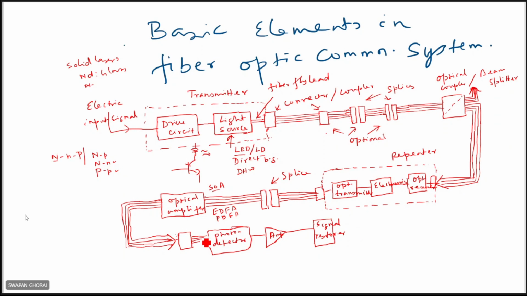So the whole thing is the receiver. After this you will get your original signal, your input signal, the electrical signal, which may be analog or digital. The same signal you get as the electrical output signal.